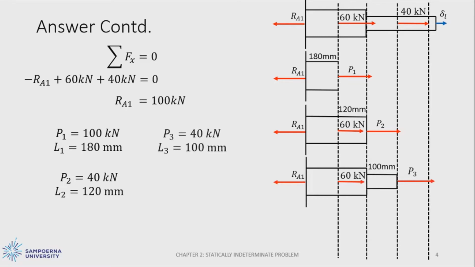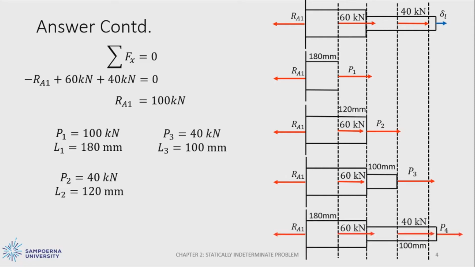We have P3 as 40 kN because there is no change in the external force in the third partition, only a change in the material and the cross-sectional area. Then we go to the fourth partition. We get 0 because RA1 is 100 minus 60 kN and minus 40 kN. It will give us 0 kN for the P4.